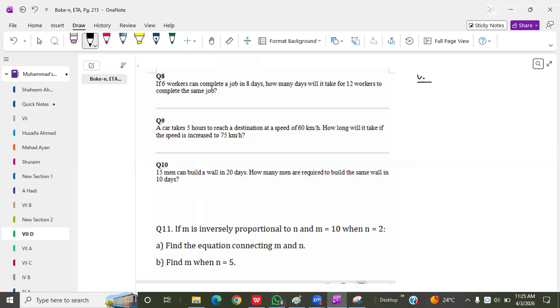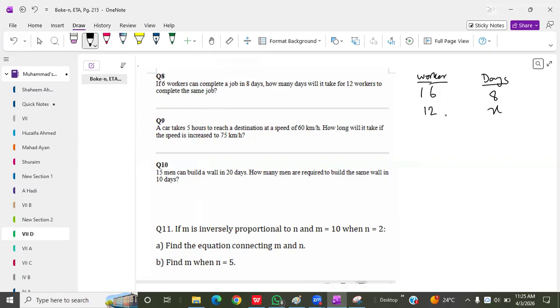Workers are given, and the second quantity is days. 16 workers can do a job in 8 days. The question is, how many days will it take for 12 workers?